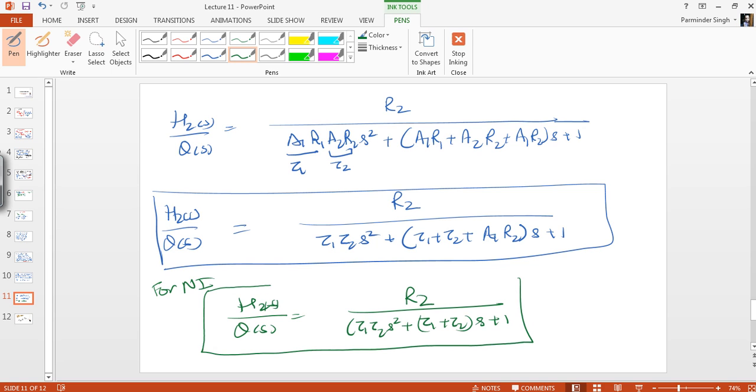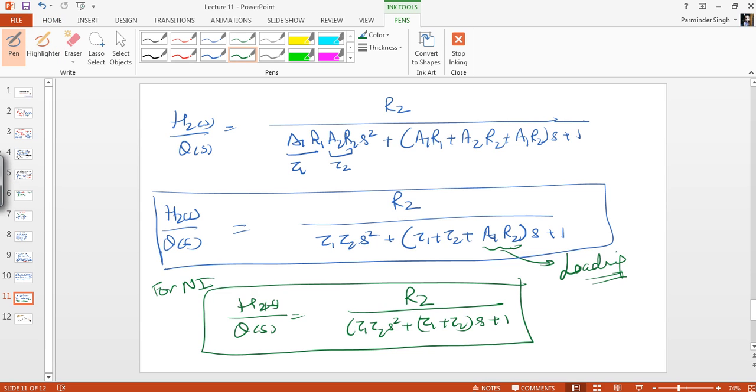Now what difference do you find between interacting and non-interacting? In the interacting system there is an additional term appearing over here. This additional term is called loading, which makes the difference between the interacting and non-interacting systems.